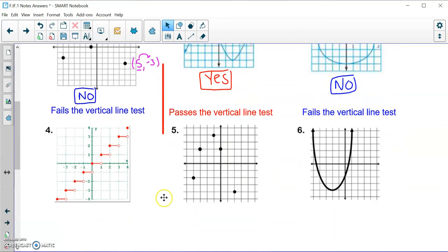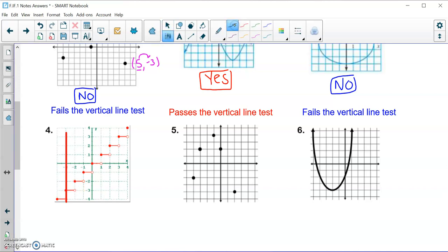All right, going down to number 4. Number 4, we haven't seen one like this before. Now the open dots mean that those are actually not points on the graph. So for example, when I drag my vertical line across this graph, at this point right here, it looks like it hits 2 points at once. However, since this point down here is an open circle, then it's not technically hitting that point, or that point's technically not on the graph.